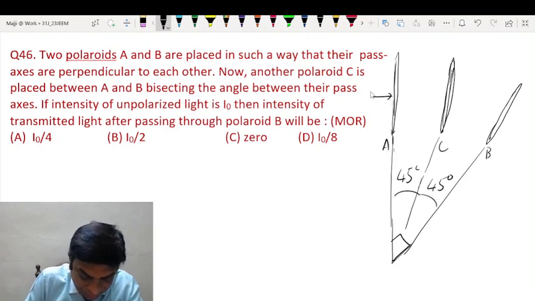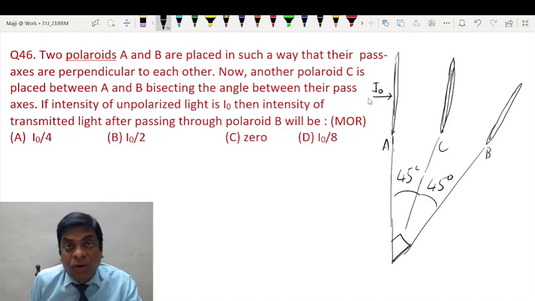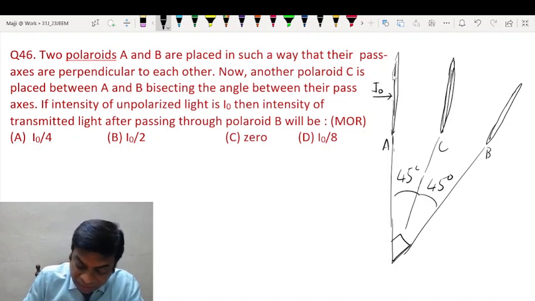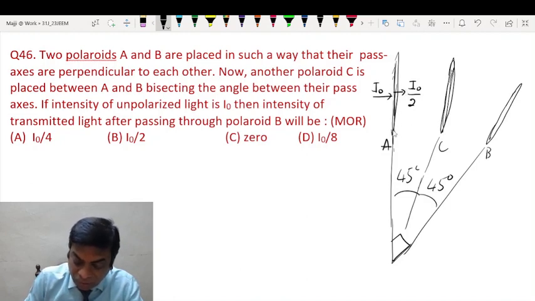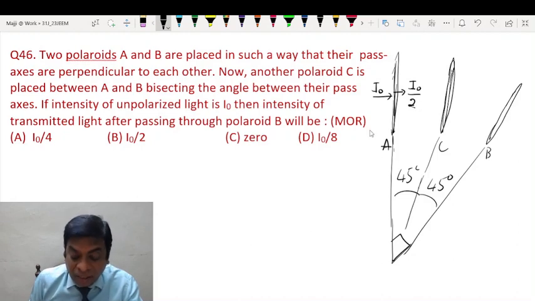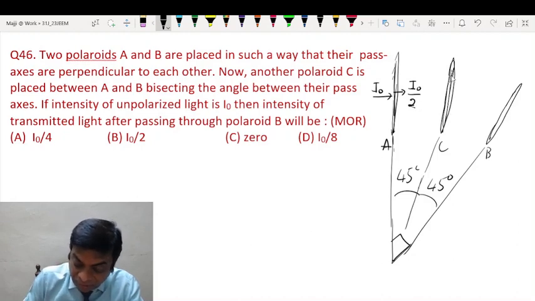Now if the intensity of unpolarized light is I naught, this is based on law of Malus. The first unpolarized light becomes converted into polarized light and the intensity reduces to half, that we all know. So when the light comes out through the Polaroid A, intensity is already I naught by 2. Then when it comes through C, the angle between these two planes is 45 degrees.